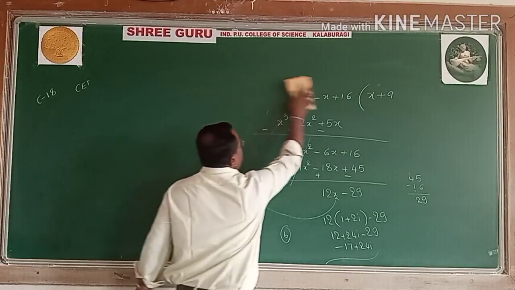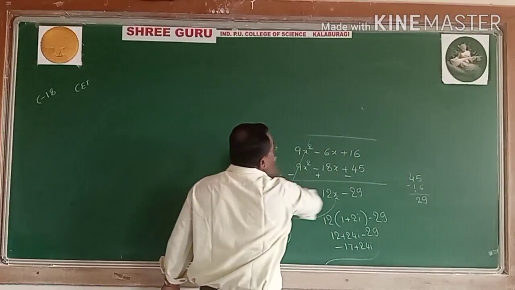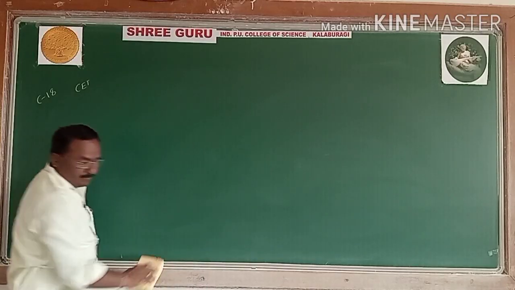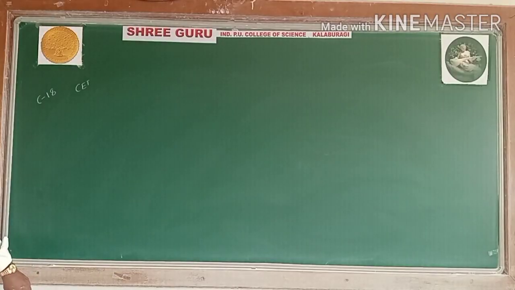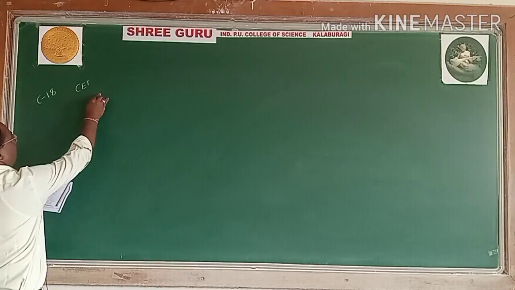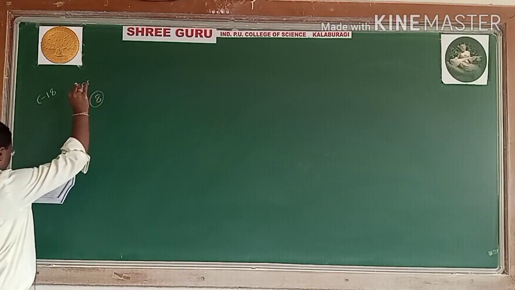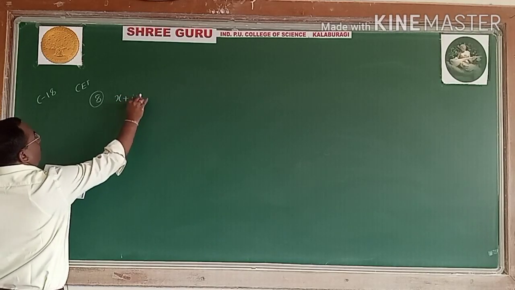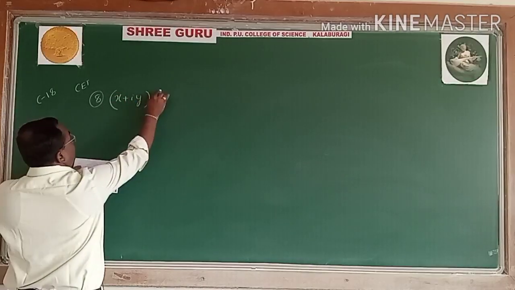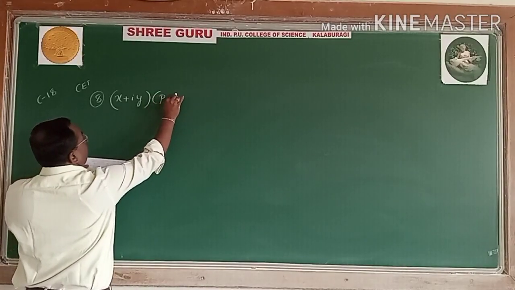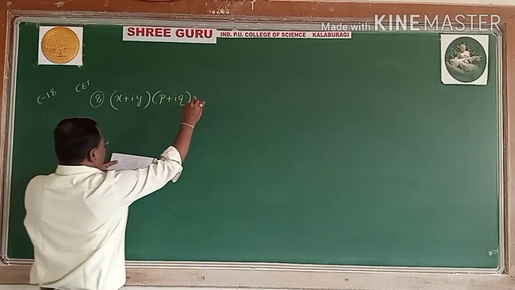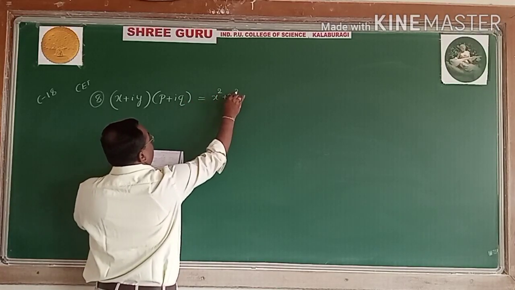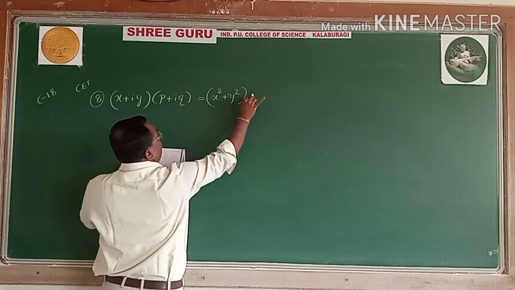Next, example number 8. x plus iy into p plus iq is equal to x square plus y square into i.